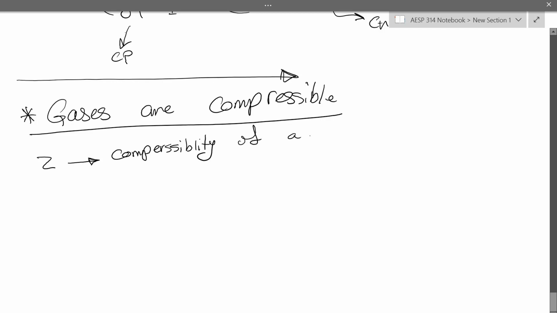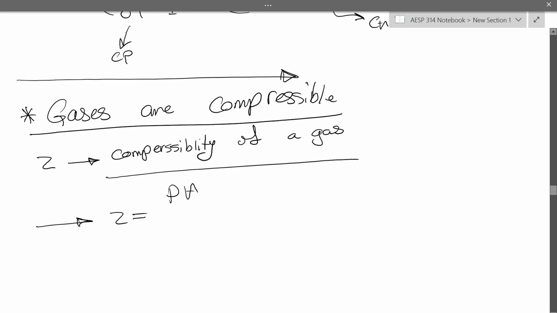Compressibility of a gas, which is defined by Z. If you have taken fluid mechanics, in fluid mechanics we use a different notation for compressibility, but it's all the same thing, right? And we define the compressibility of a gas as P multiplied by V, pressure multiplied by volume, divided by R multiplied by T.